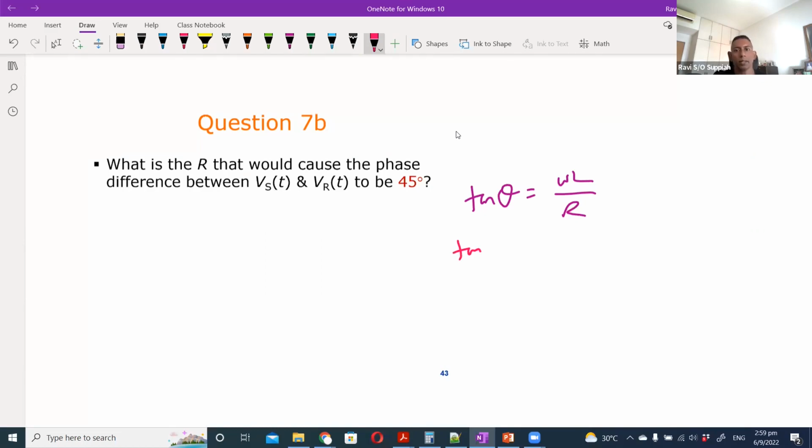That means tangent 45 degrees will be omega L by R, and tangent 45 degrees is actually 1. So omega L is equal to R. Substitute the omega L, you'll get 10 ohms. So when R is 10 ohms, you get a phase difference between Vs and VR of 45 degrees.